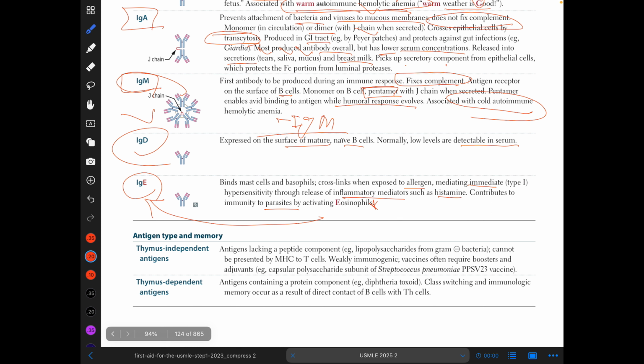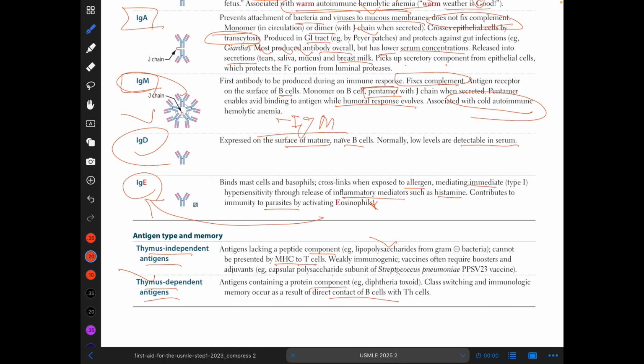Now the antigen types: thymus independent and thymus dependent. Thymus-independent antigens lack a peptide component, like lipopolysaccharide from gram-negative bacteria, and can't be presented by MHC II to T cells. Vaccines for them often require boosters, like the capsular polysaccharide subunits of Streptococcus pneumoniae. Thymus-dependent antigens contain a protein component, and class switching and immunological memory occur as a result of direct contact of B cells and T helper cells.